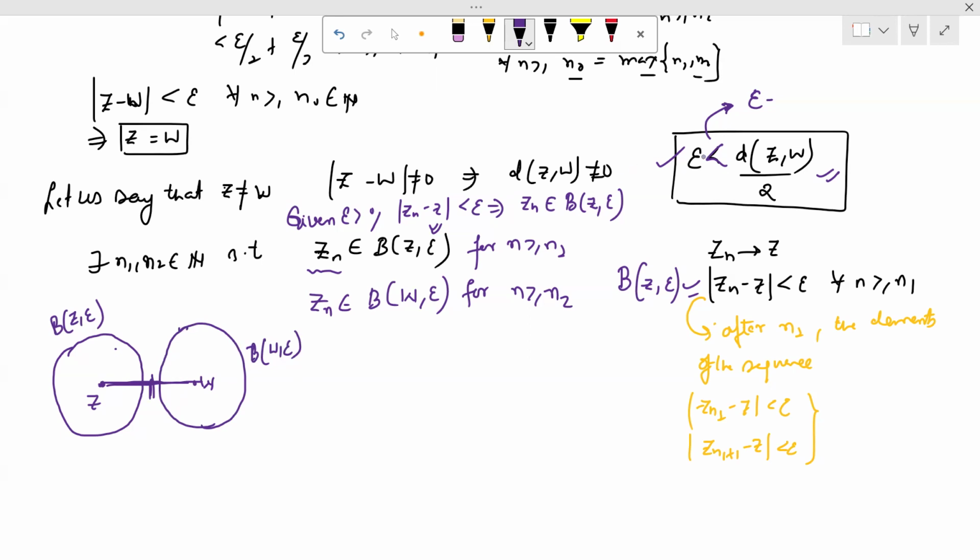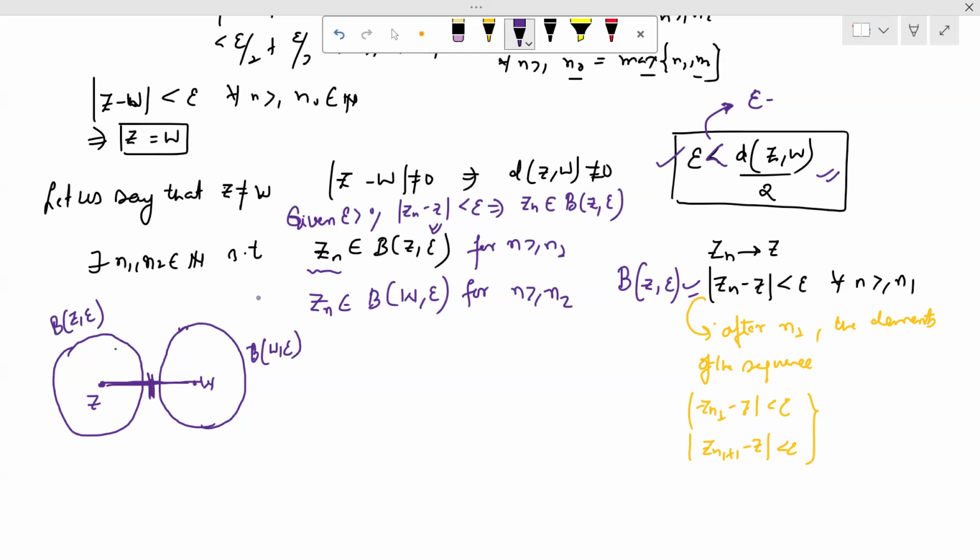Why will it not intersect? Because epsilon is less than half of the distance joining Z and W. You have to make a radius in a way that it is less than half of the distance between Z and W. Why I have done so, you will come to know later on.